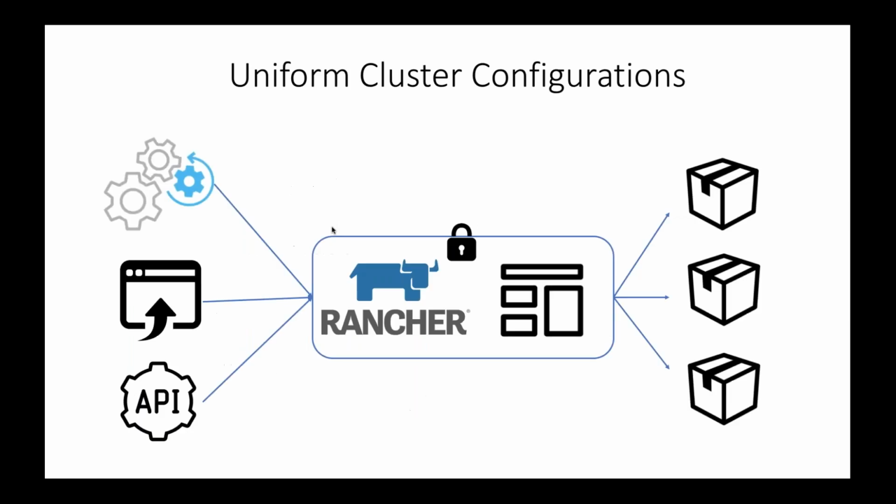With Rancher enforcing it, whether it's your automated processes, your web UI, or your API, regardless of how you're interacting with Rancher, whether in the self-service model or turning it over to users, or if you're still using your automated process, you're still guaranteeing that your clusters are uniform and consistent as they're being produced. And you have versioning, and you can increment the versions and see what those will look like.